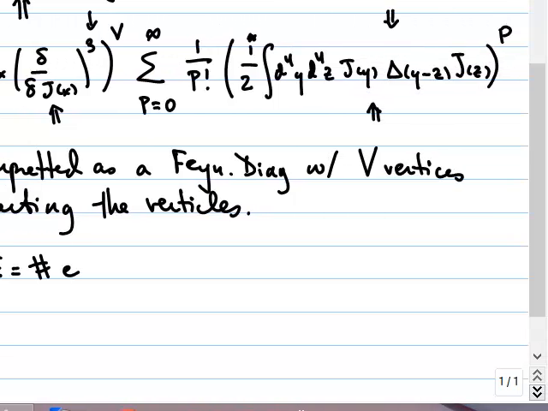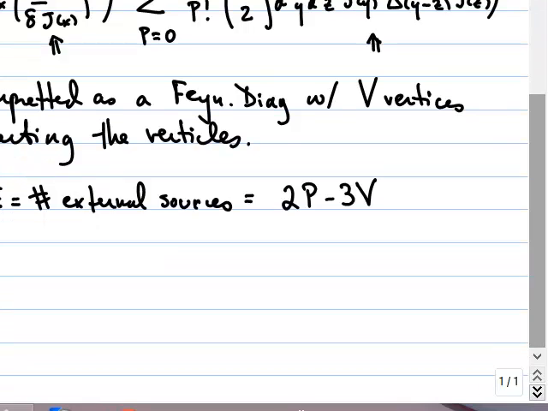So if you look at a particular term in this summation, you have a sum over v and a sum over p. Each v has 3 derivatives with respect to J, and each p has 2 powers of J. So the total number of J's left over will be 2p minus 3v, which will be the total number of J's that are left over in a given term in this expansion.